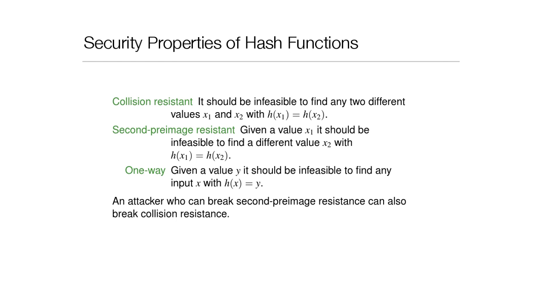You are given a value and asked to find a value whose hash matches it, so that is a hard task. If anybody can break second pre-image resistance, he can break collision resistance as well. So these properties are expected in hash functions. Otherwise, we can't use them in signature schemes.